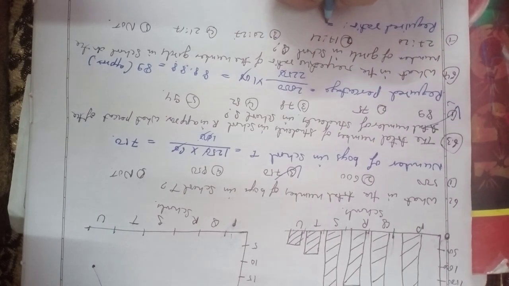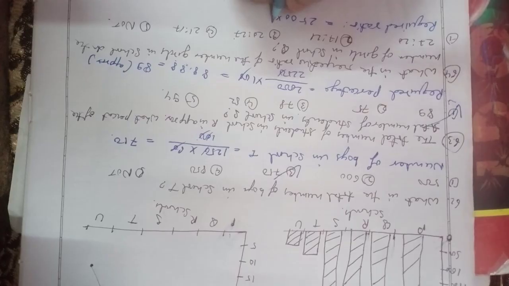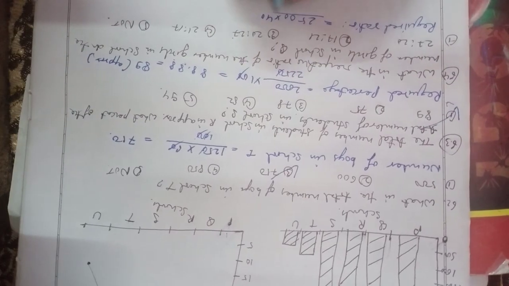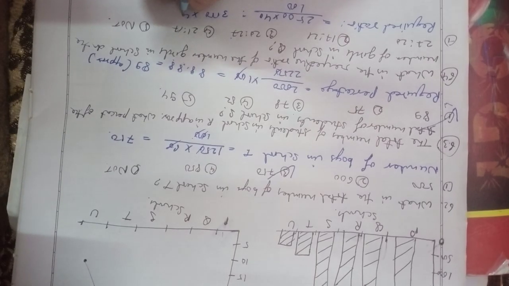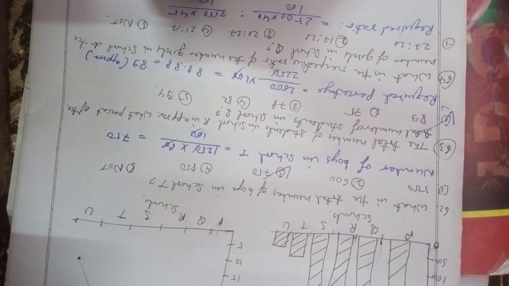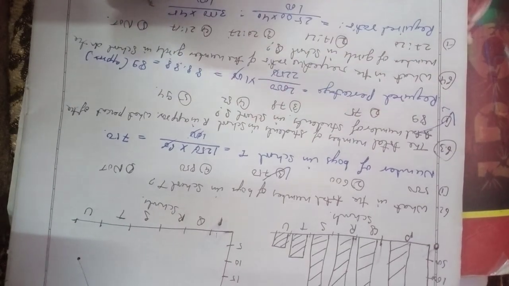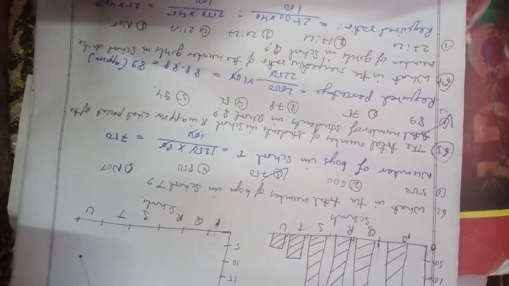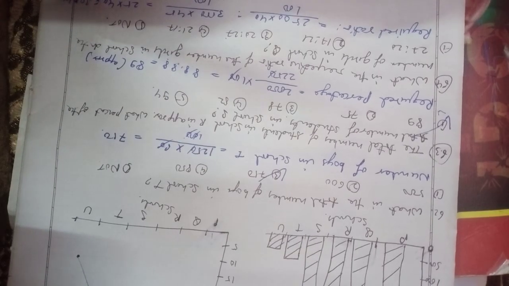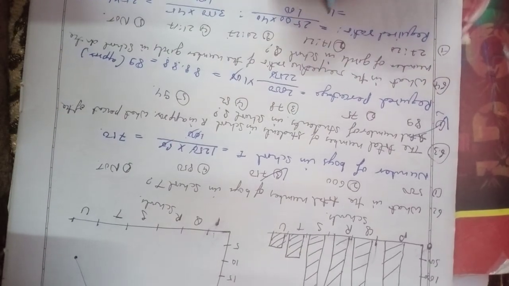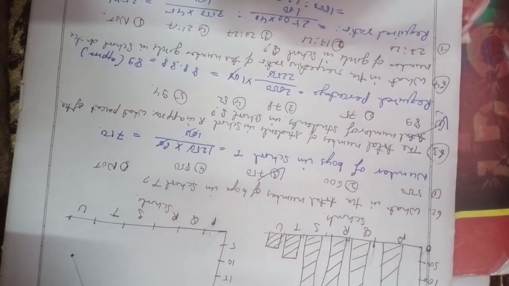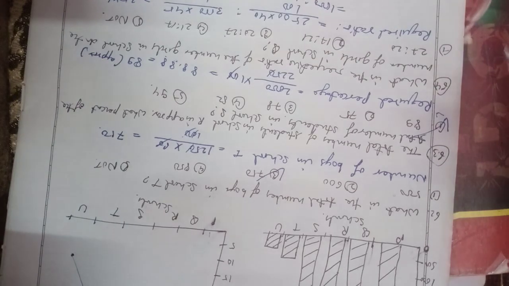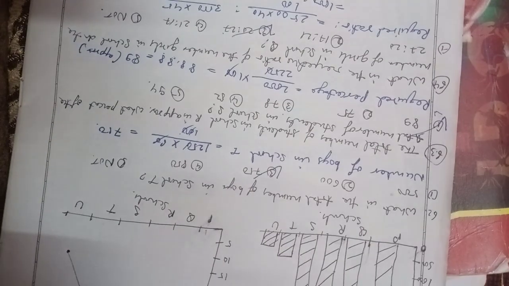Required ratio equals 2500 into 40 upon 100, ratio 3000 into 45 upon 100, which equals 25 into 40, ratio 30 into 45, 1000, ratio 1350, that will be 20 ratio 27. So 20:27 is the third option. That will be the right answer for this particular question.